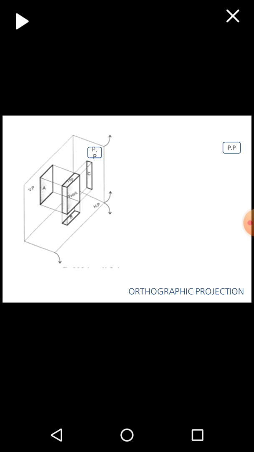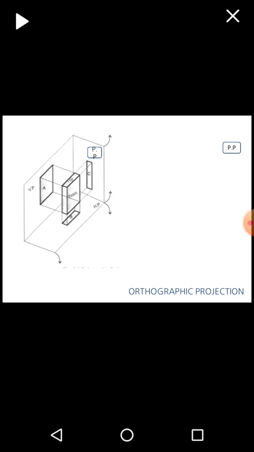Now if we are looking from the right side for the front view, the side which is open is the left hand side of the object. So we are taking the left hand side view on the profile plane. So as we are looking from the left side, we'll get the projection as c on the profile plane.